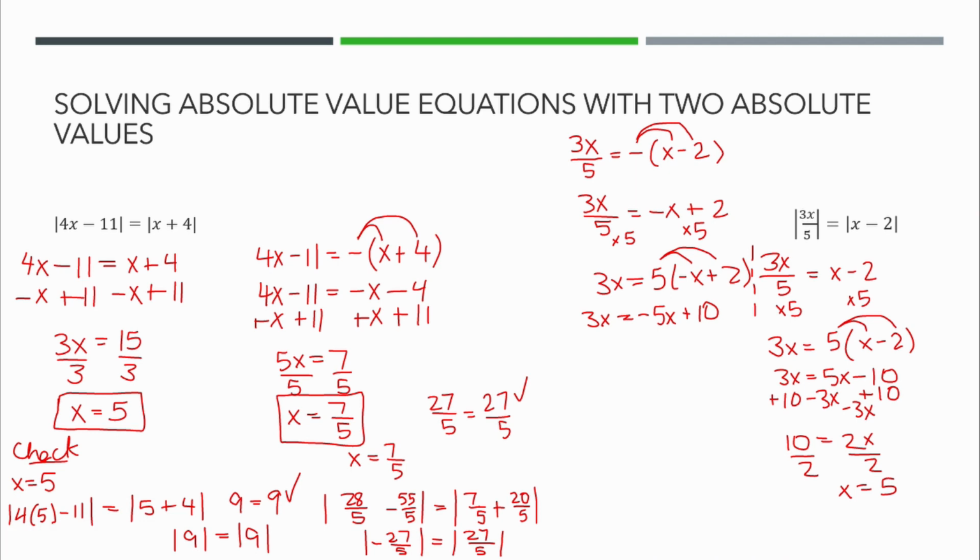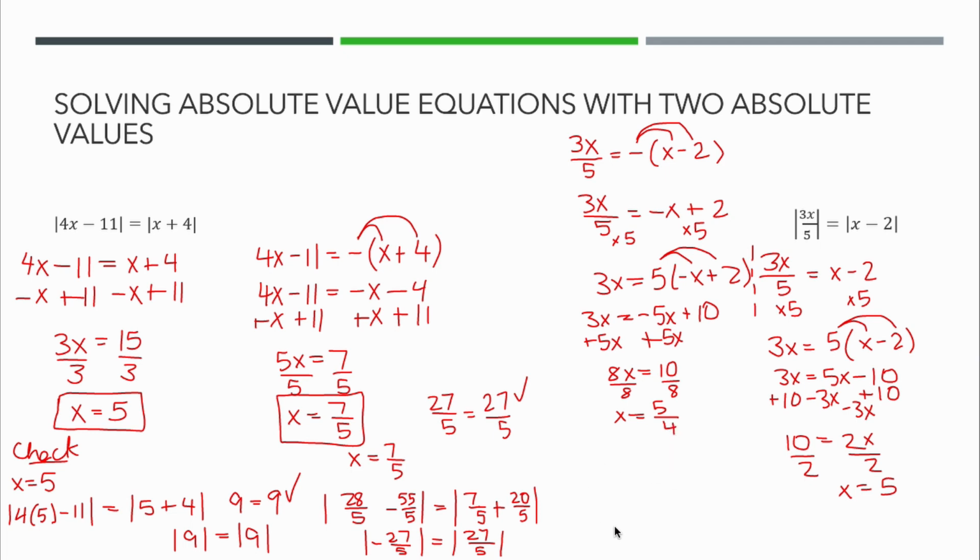And again, I like to use as little negatives as possible. So I'm going to add 5x to both sides. And we get 8x is equal to 10. We divide by 8. We get x is equal to 10/8, but that can be simplified to 5/4.